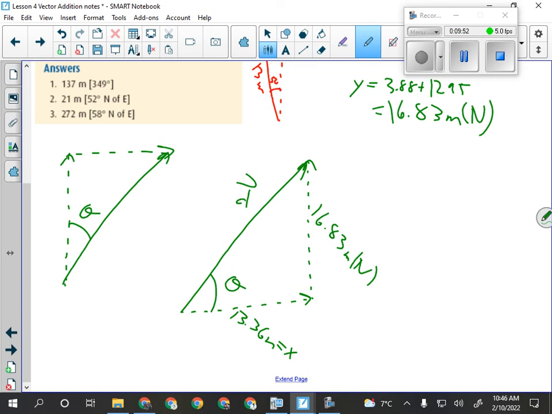Okay. All right. So now I've got the sides. Now everything else is the same. I have my final triangle, I do Pythagorean theorem to get D, I do trigonometry to get theta, I get the same answer regardless of which method I use. All right, so to get what D is, it'll be 16.83 squared plus 13.36 squared.